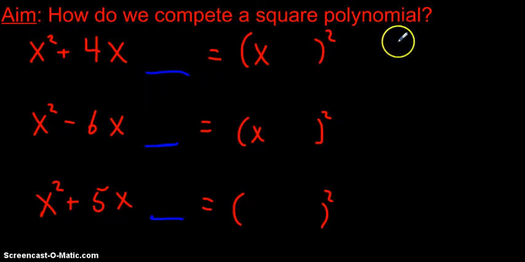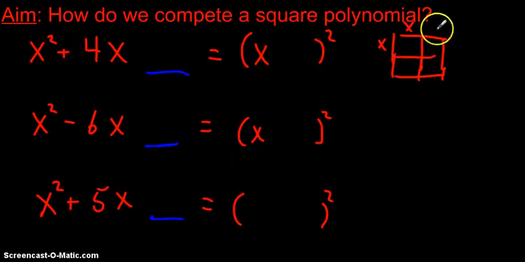So let's take a look at the area model for this particular polynomial. The question is, we have x plus or minus something, so we don't know what goes here or here. But what we do know is that this is supposed to be a square. And for that reason, these two things will be half of this center term here.